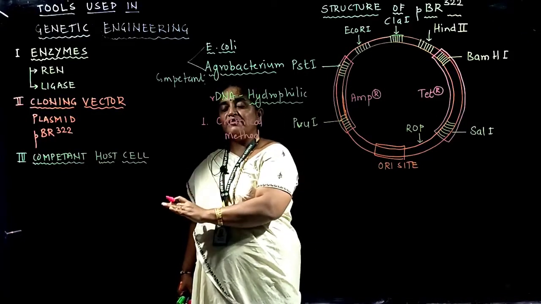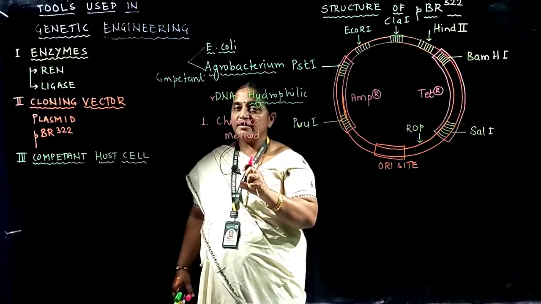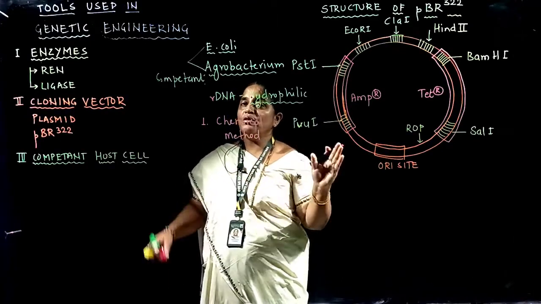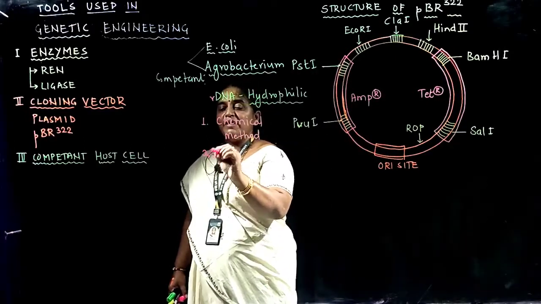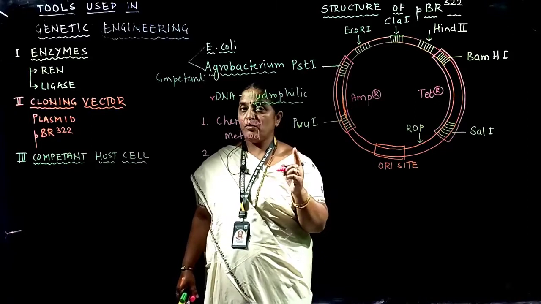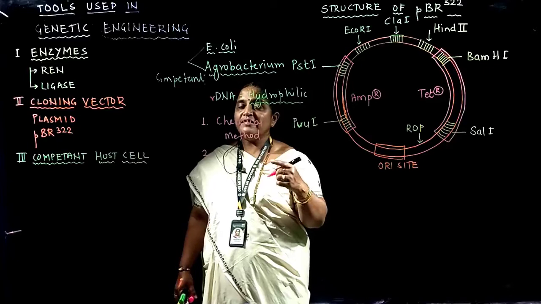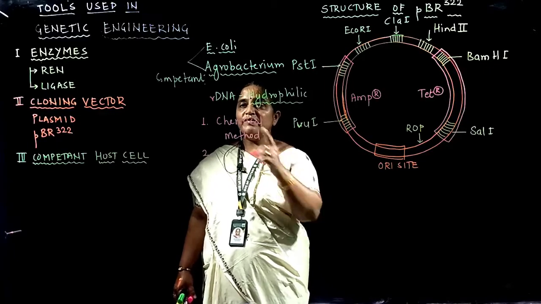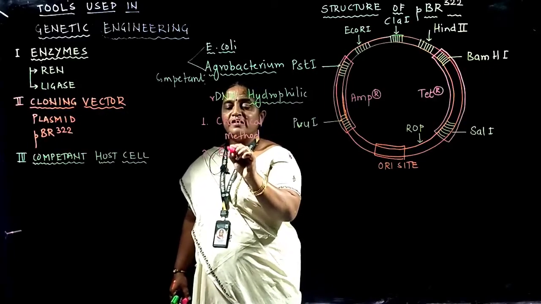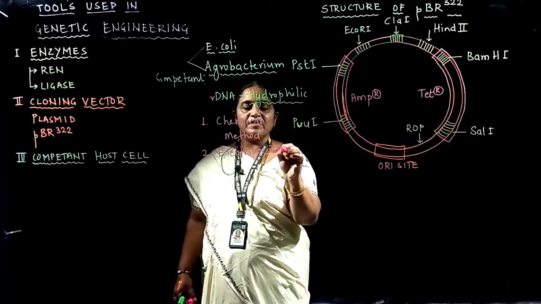Again the culture medium is brought to ice cold, so that once rDNA enters the bacterial cell, it should not move out. Second method, creating an electric field in the culture medium using electrodes, creating electric pulses which will make the cell membrane permeable to receive rDNA. This method we call electroporation.